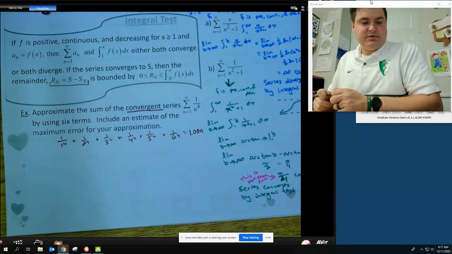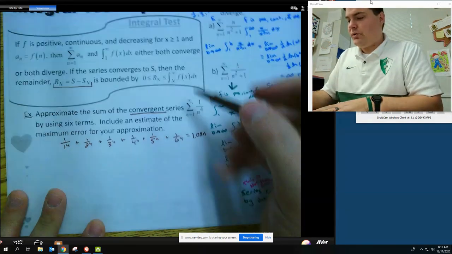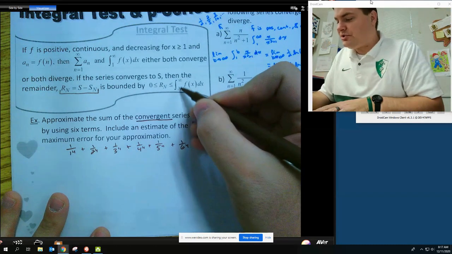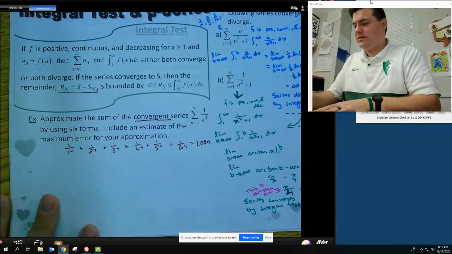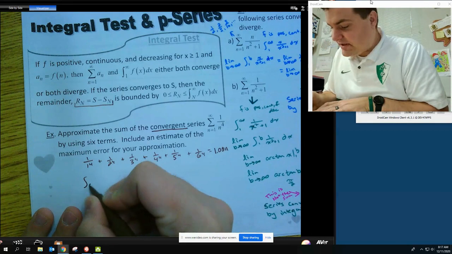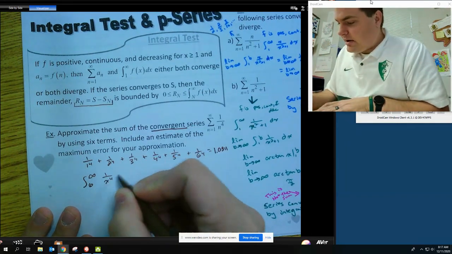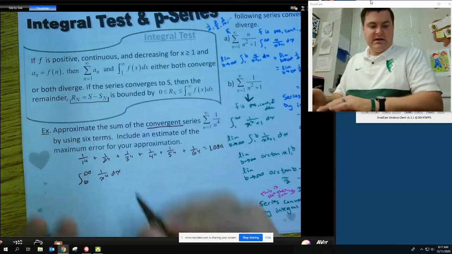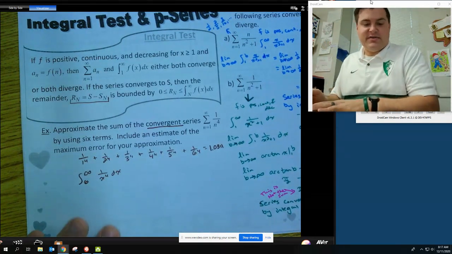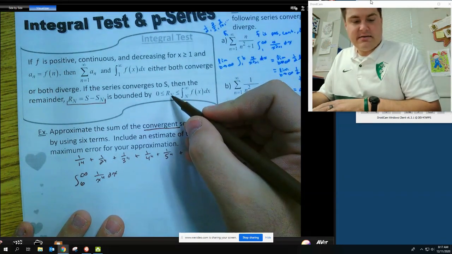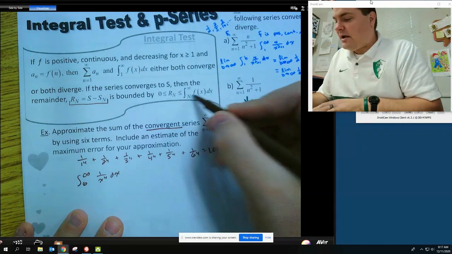So what we're going to do is integrate from whatever number term we're at to infinity. For this one, we integrate from 6, because we did 6 terms, out to infinity of 1 over n to the 4th. Whatever value this gives us is going to be my maximum error.